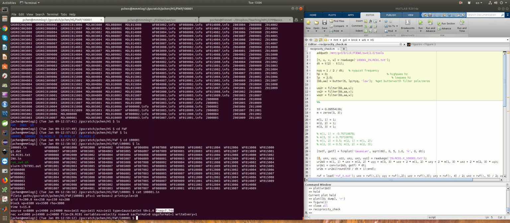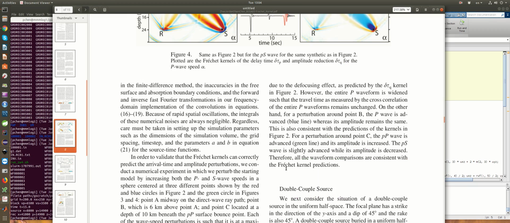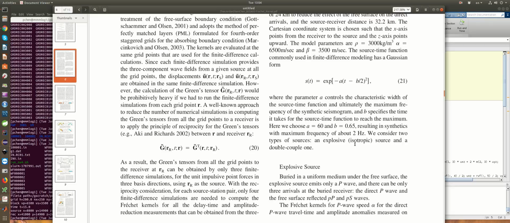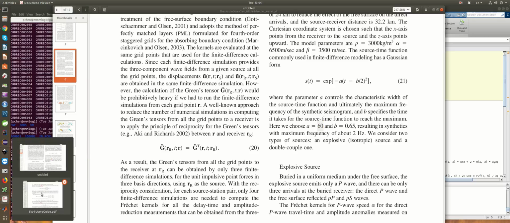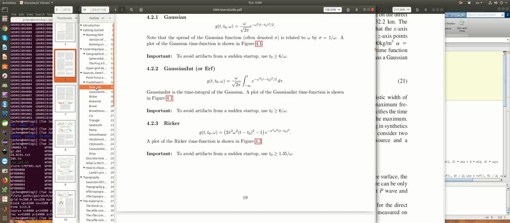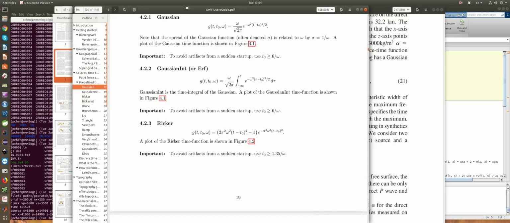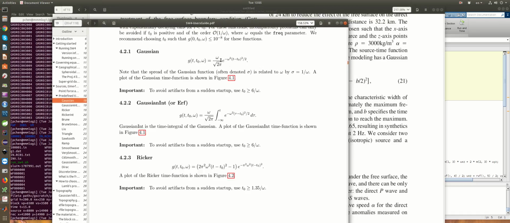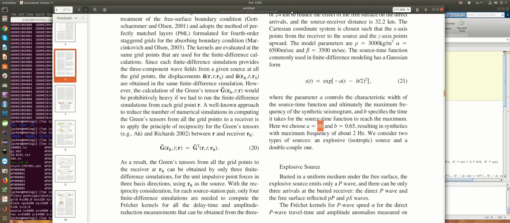Because in the equation that's given in Li Zhao's paper, A equals 60, right? A equals 60. And then in the user manual for AWP, SW4, Gaussian and Gaussian int, it's actually using, so a Gaussian looks like that, right?